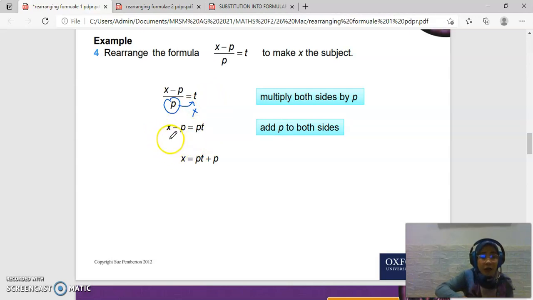Then we want only x on the left hand side because we want to make it the subject. So anything beside x, we have p, we bring to the other side. Since this one is negative, when you bring it to the other side, subtraction becomes addition. Anything that is subtraction, brought to the other side, will be addition, and also the reverse process: addition, brought to the other side, will be subtraction. So the answer is x equal to pt plus p.